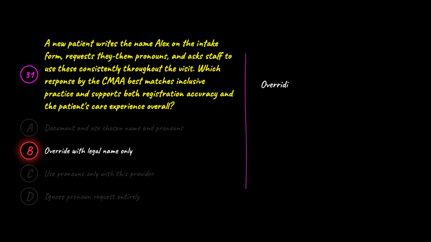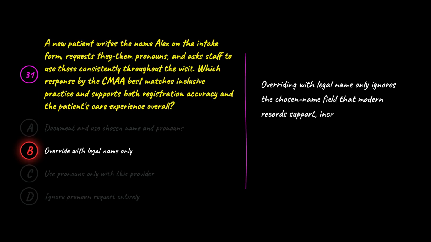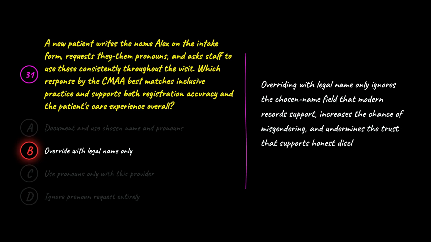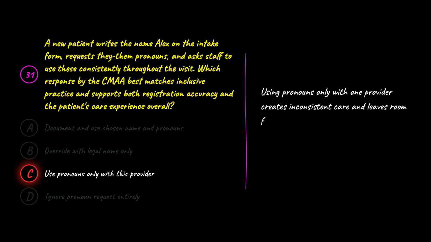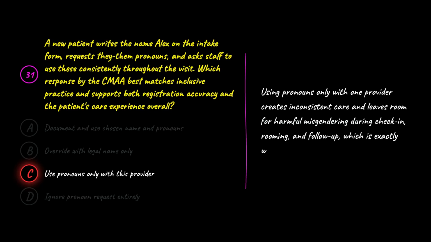B is wrong because overriding with legal name only ignores the chosen name field that modern records support, increases the chance of misgendering, and undermines the trust that supports honest disclosure during care visits. C is wrong because using pronouns only with one provider creates inconsistent care and leaves room for harmful misgendering during check-in, rooming, and follow-up, which is exactly what the inclusive practice aims to avoid.